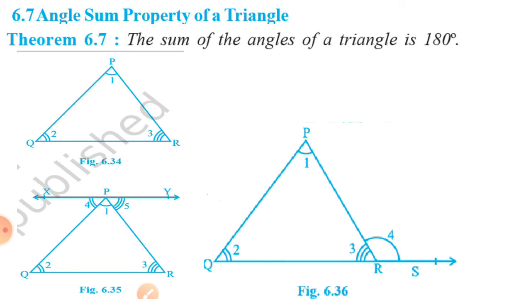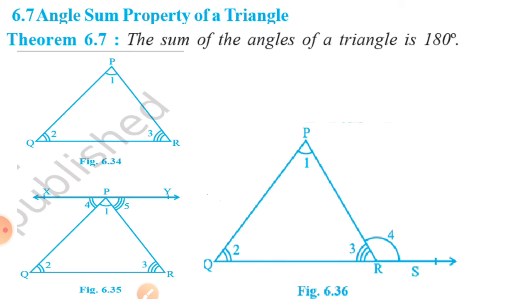The theorem 6.7 is the sum of angles of a triangle is 180 degree. Okay, so to prove it, we need three figures, number 6.34, 6.35 and 6.36.